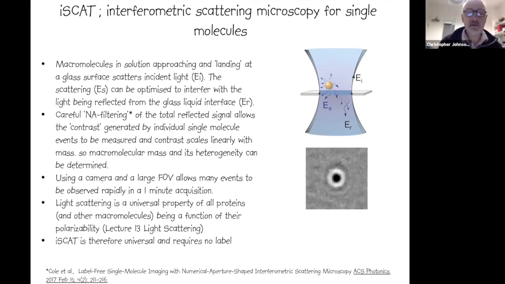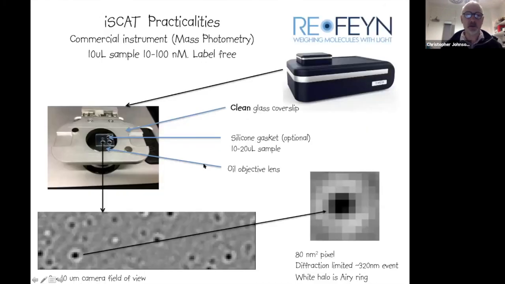And it's a function of their polarizability. And I'll talk more about that in the light scattering lecture later in the series. The important point, though, is that iSCAT is a very universal technique, and it also requires no label. The scattering is purely a property of the molecule itself.